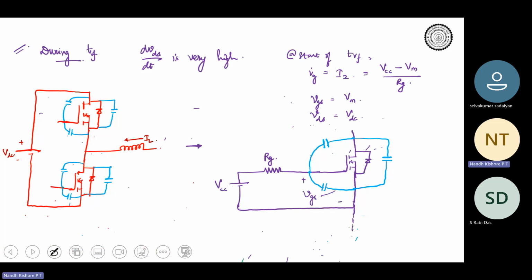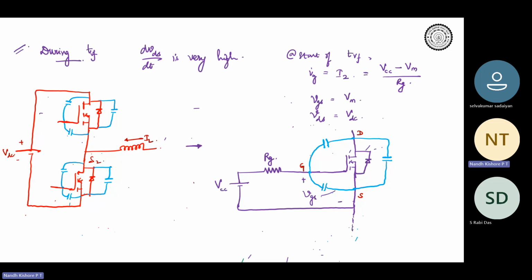So your device is turning on, right? S2 is turning on. So if S2 is turning on, what would happen to the drain source voltage? Is dVds by dt positive or negative? The voltage is falling, right? Can you tell me what would be the polarity for dVds by dt?